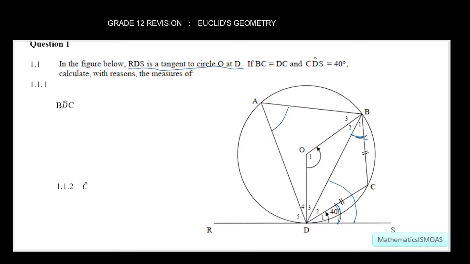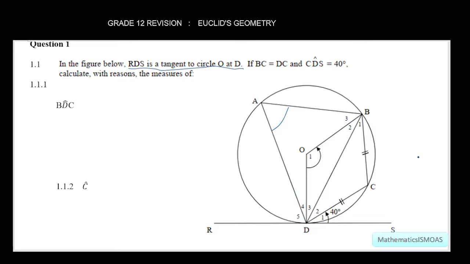And we also have another tan-chord theorem where we can say angle D5 will be equal to angle what? Angle ABD. Tan-chord theorem.